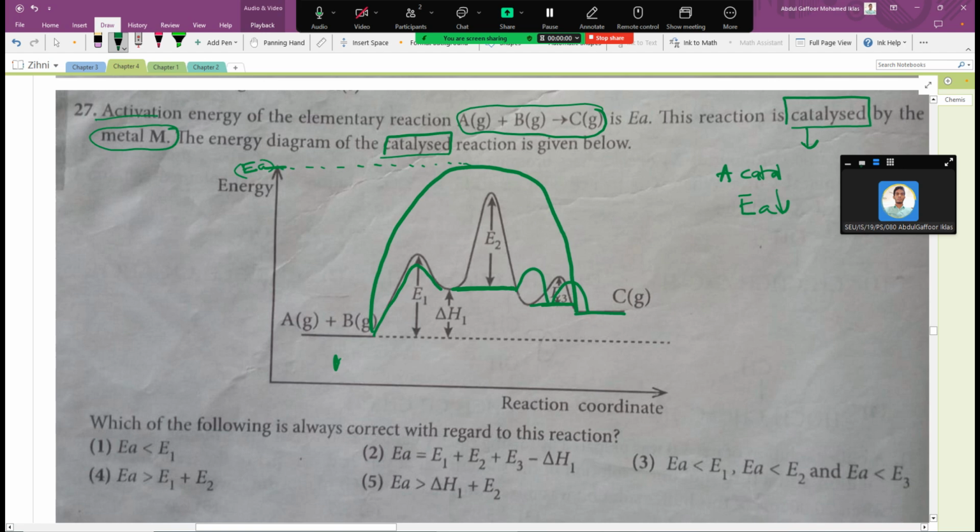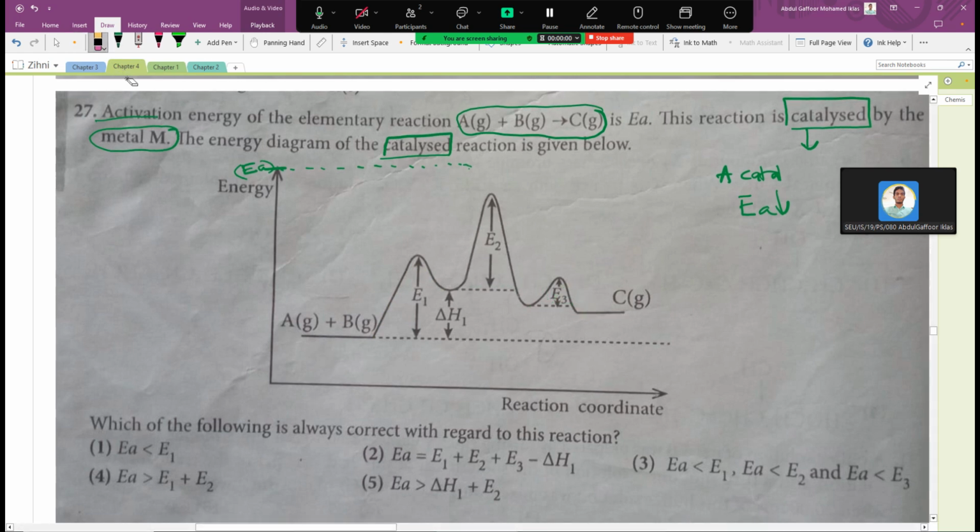Let me erase all of these. Now let's assume this is X and this is Y. From A plus B you get X, then X becomes Y, then from Y we get C, right?